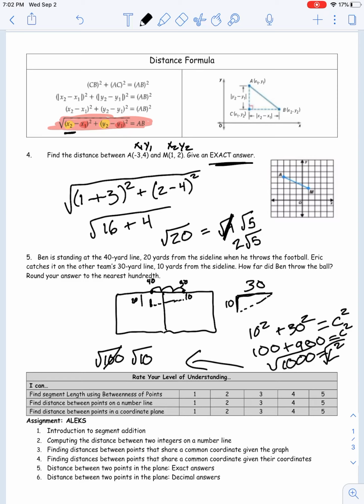So that would be 10. And I'll just put that right here because we can't simplify that other 10. Maybe I'll write my final answer once more. It's 10 times the square root of 10.